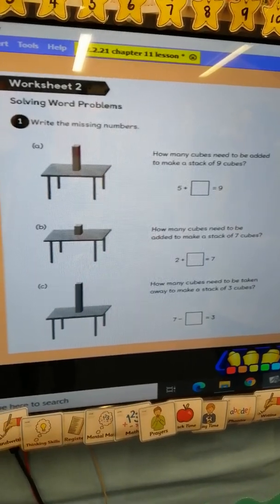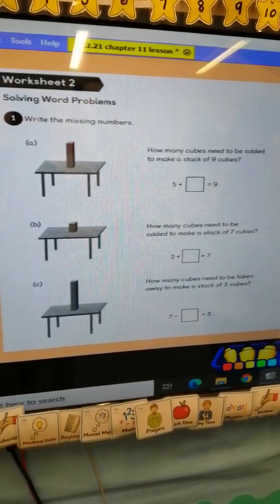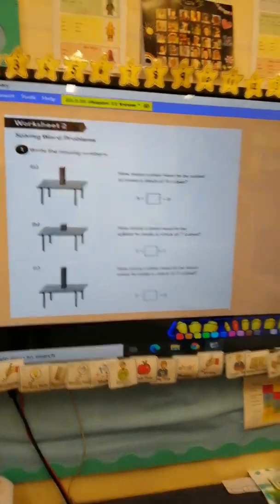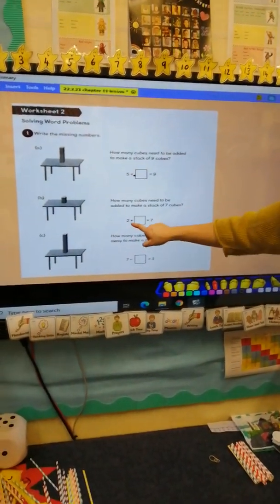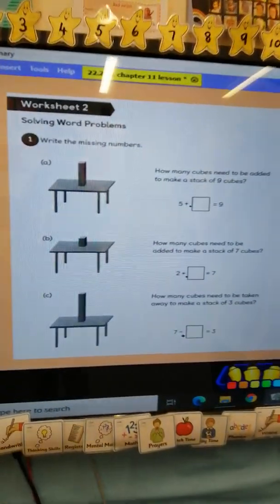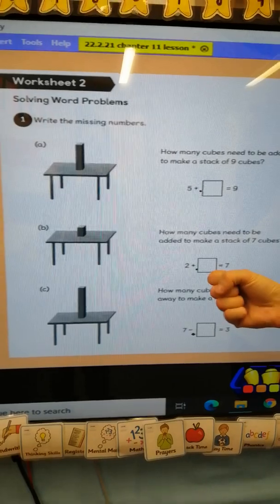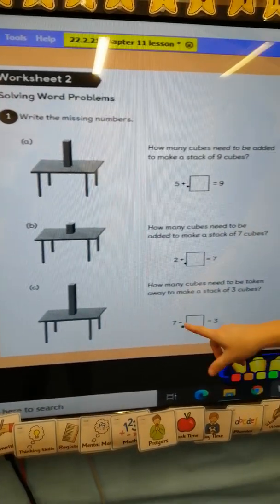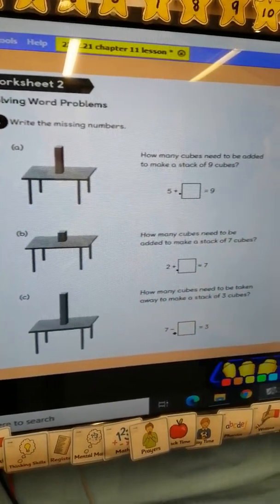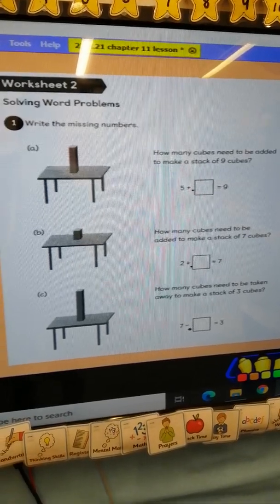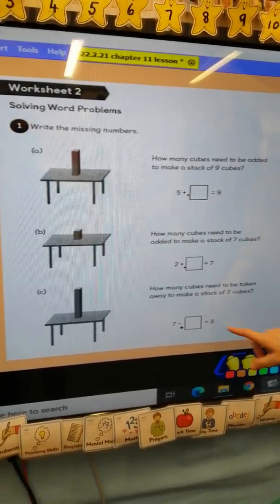Remember to use your straws to help you work out how many are missing. Look carefully. Some are adding and some are taking away. Remember, when we're adding, you've got a part and a part to make a whole number, but here you're starting with your whole number. You're starting with your biggest number, and you're taking some away to leave just this part. You can use your part holes to help you.